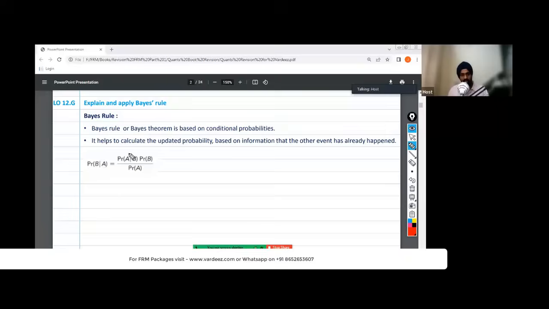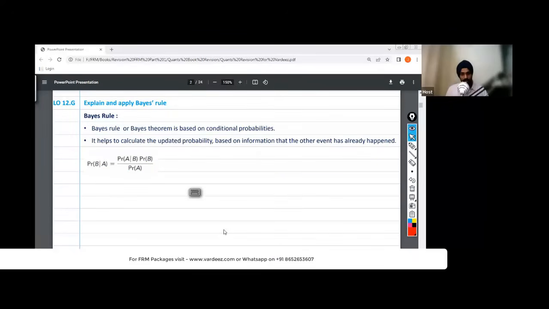For this, it's the inverse probability multiplied by the probability of B, divided by the probability of A. As I said, whenever we have something after "given", it comes in the denominator. In the numerator we have two things: the inverse probability, the inverse of this, multiplied by the unconditional probability of event B. Okay, so this is something that you need to know.